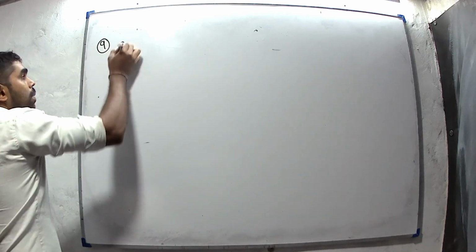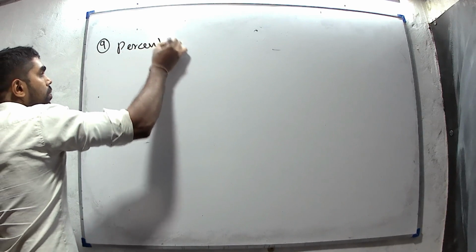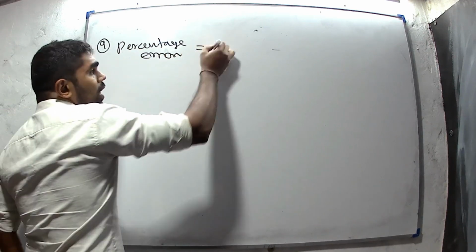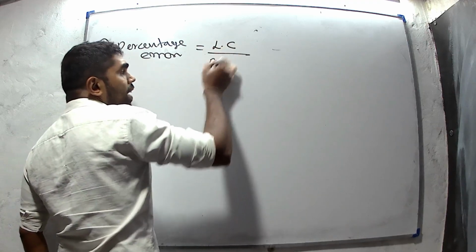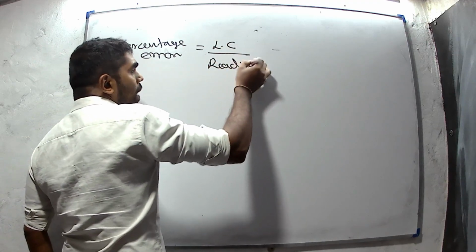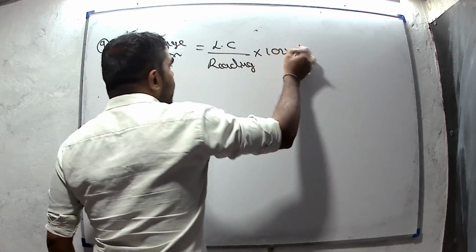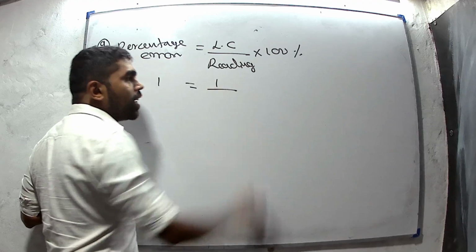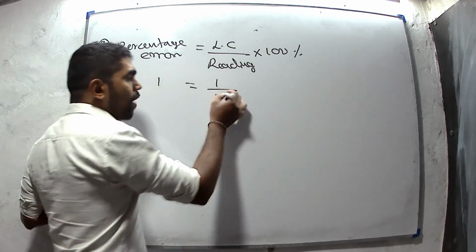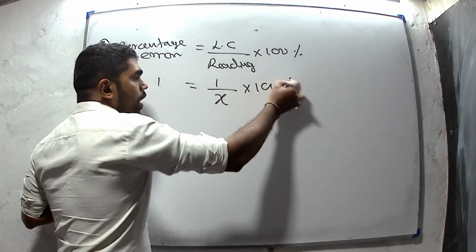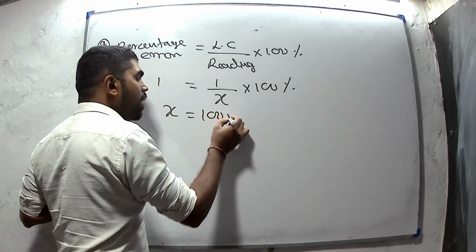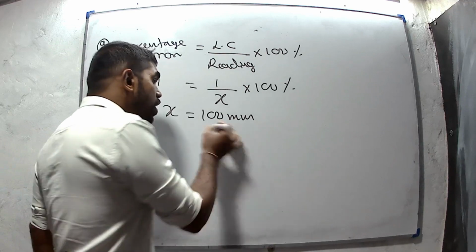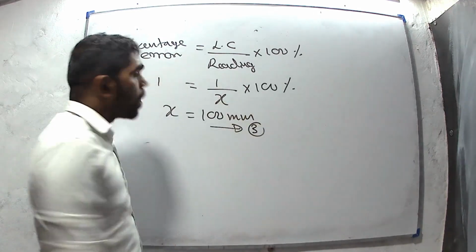We know that percentage error equals the maximum error, it means least count, divided by reading, multiplied by 100%. I will consider percentage error as 1%, least count 1 millimeter, it is given in the question. We have to find the reading. Then reading is 100 millimeters. 100 millimeters means 10 centimeters. Then answer 3 for question number 9.